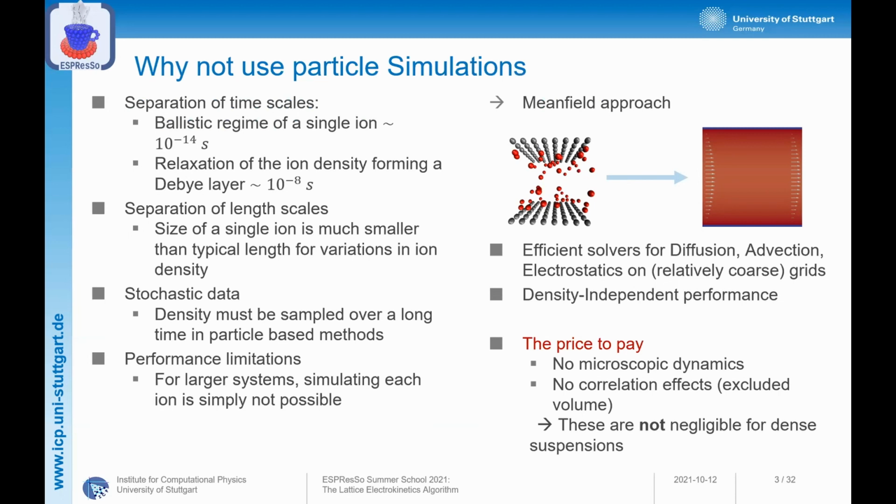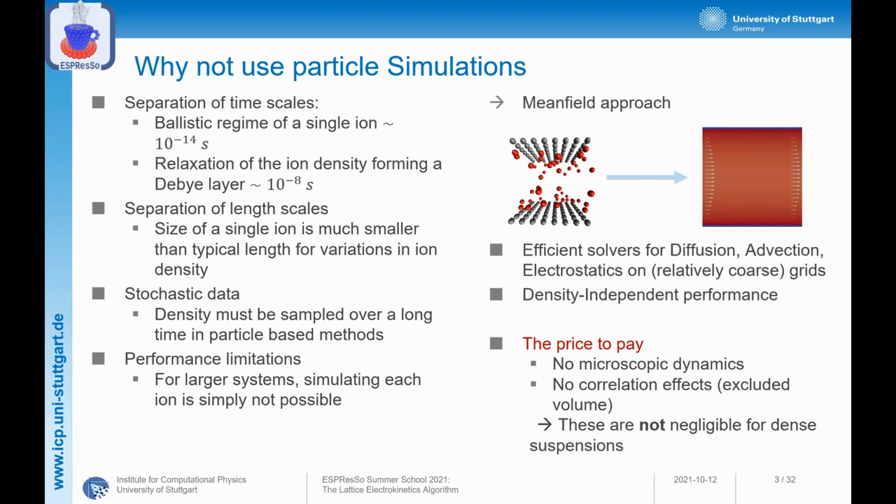One of the problems is that you might not be interested in all the details that you resolve with your particle simulation. For example, if you look at a single ion and the scale on which it relaxes from the Brownian hits that it gets from the solvent, you will get a number that's like 10 to the minus 14 seconds.